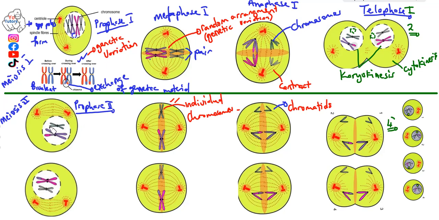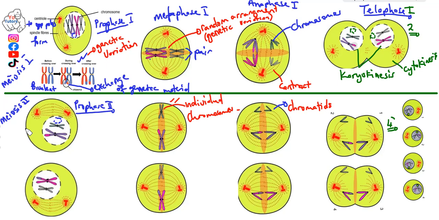Whichever prophase we look at, the nucleus will start to disappear, the nucleolus also will start to disappear, the spindle fibers form, and the centrioles move to opposite poles. Those are the basics that happen every time prophase happens.